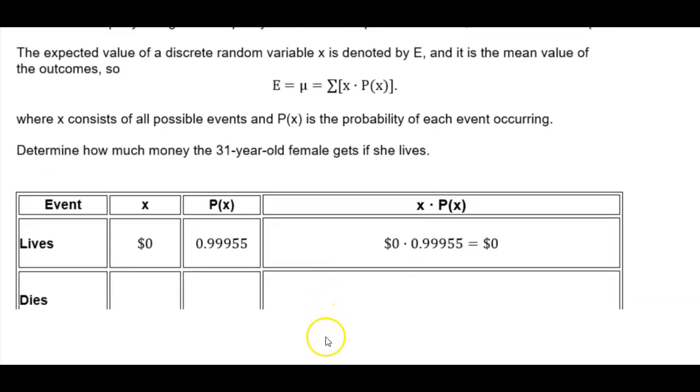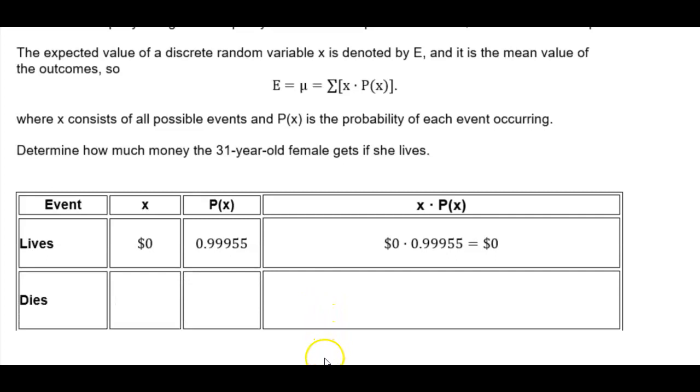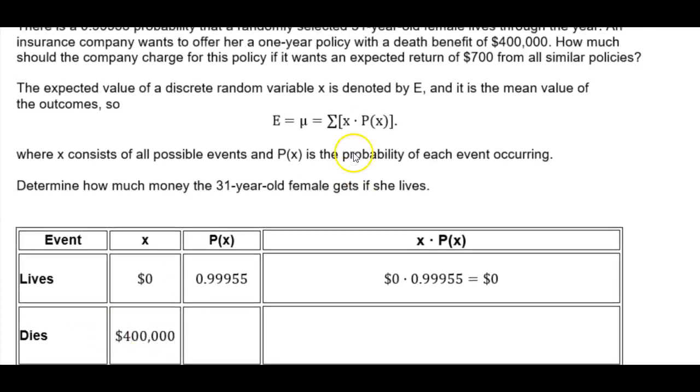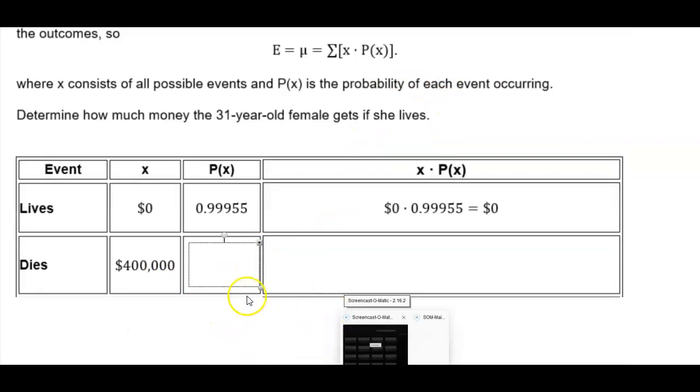Now the next event is if the 31-year-old female dies. If the female dies, then the death benefit is going to be $400,000. And what is the probability that the female dies? Well, that's going to be the complement of if the 31-year-old female lives.